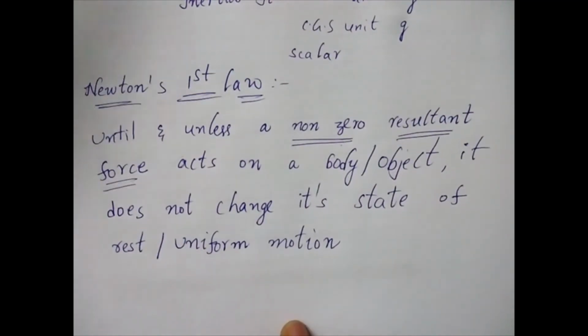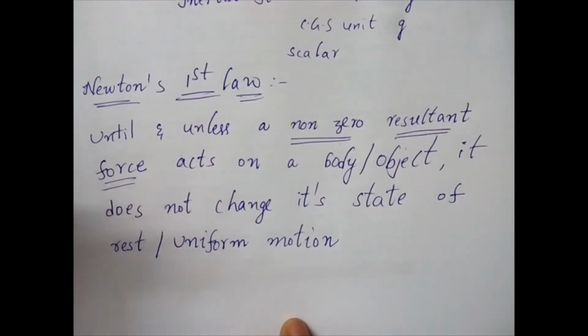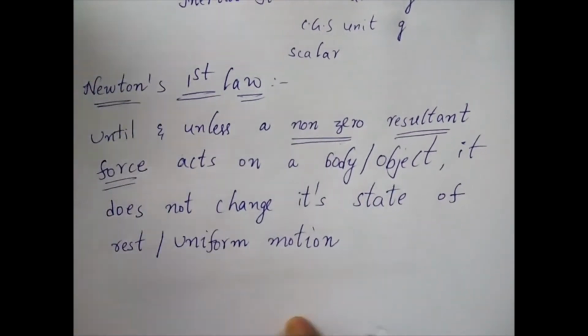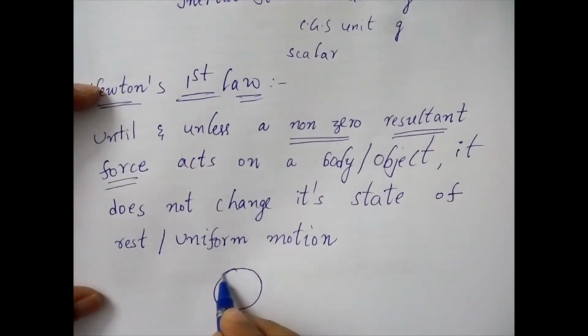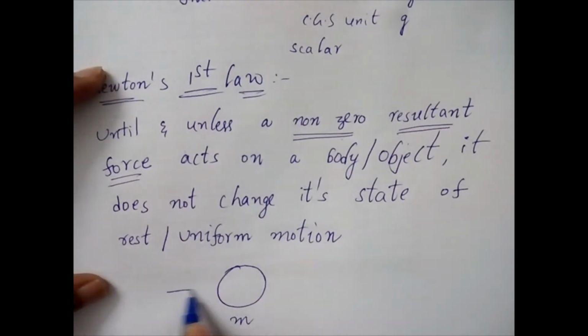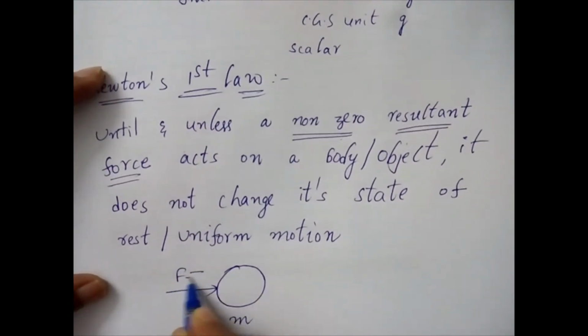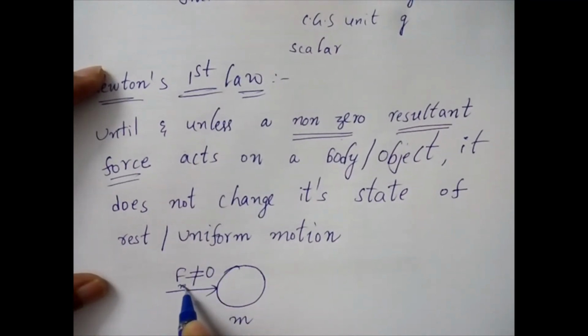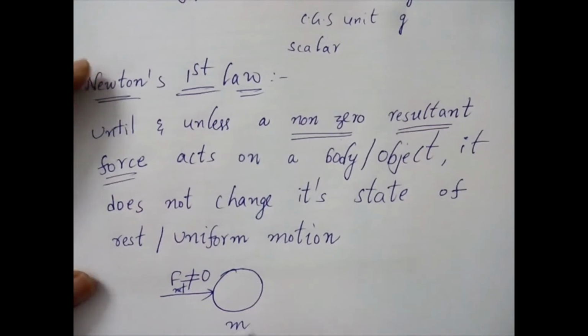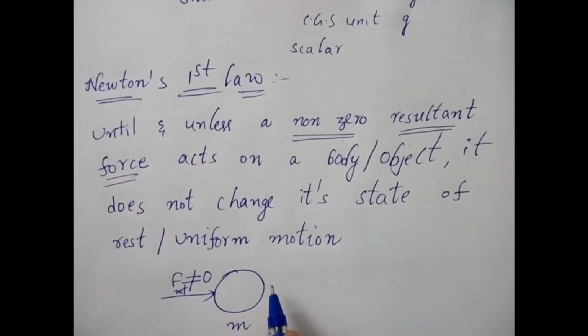Whenever you have any object, if there is no net force, if there is some object of mass m, there is force applied which is not equal to 0, and this force is also called resultant force or net force. Understood? Net and resultant, both of them are same.